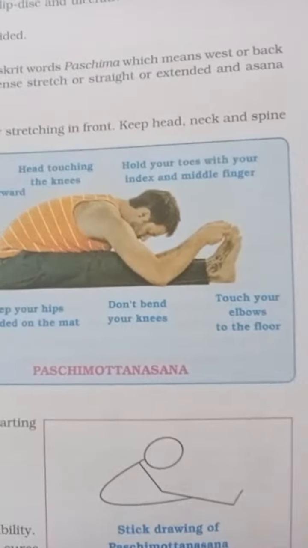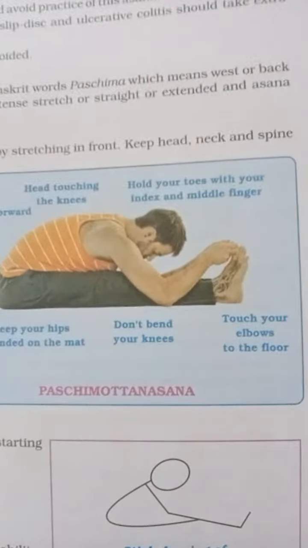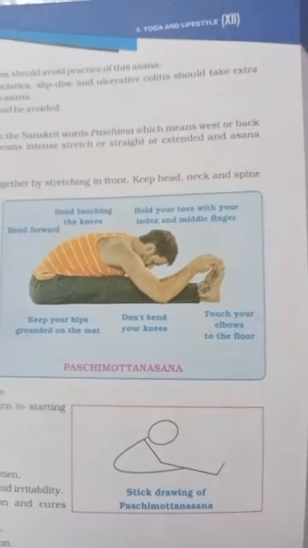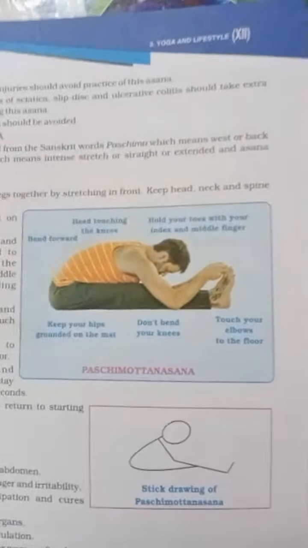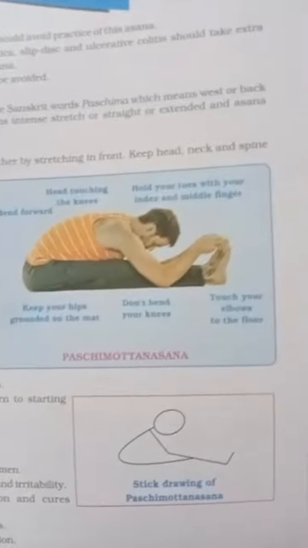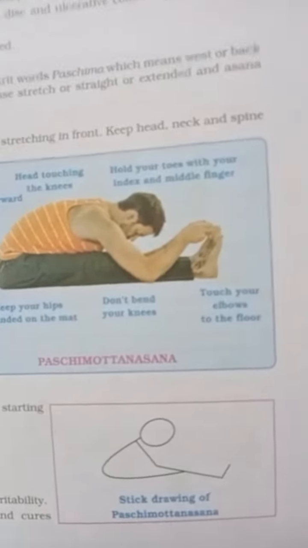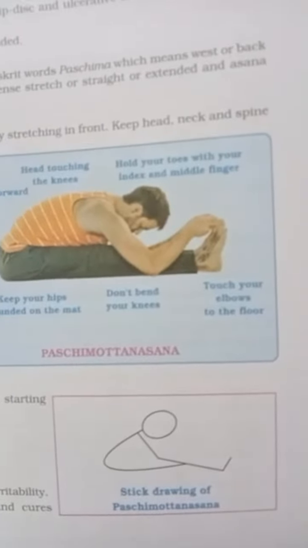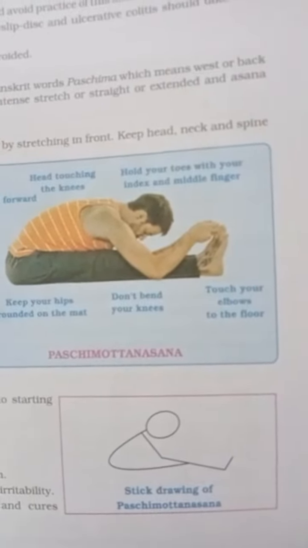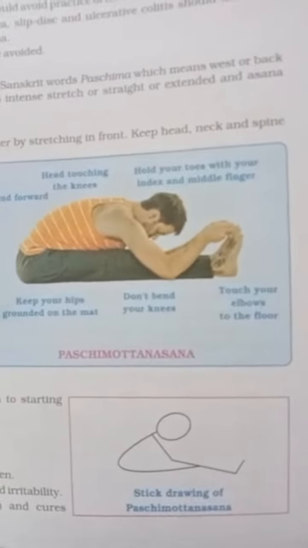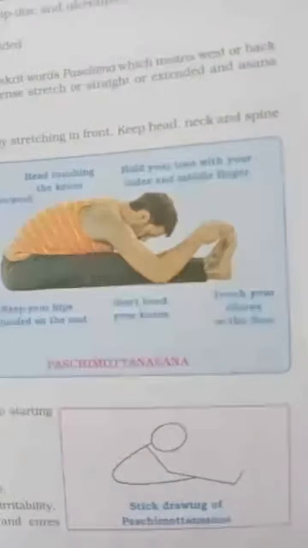Procedure: sit down straight with the legs together, stretched in front. Keep head, neck and spine erect. Second step, the palms should rest on the respective knees. After this, bend the head and trunk slowly forward to catch the toes with the thumb and middle fingers without bending the knees.